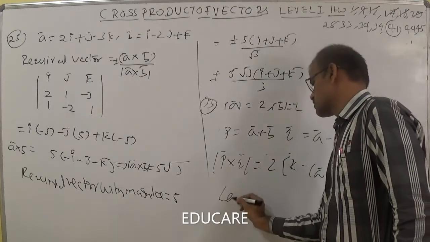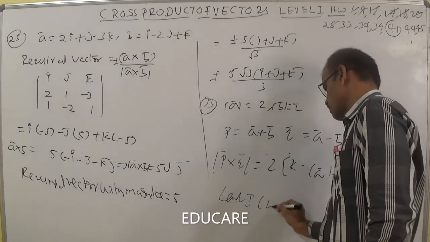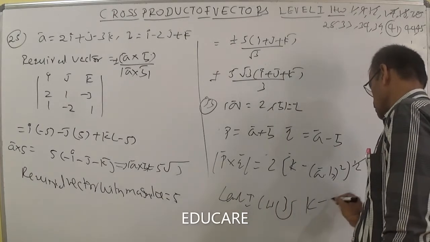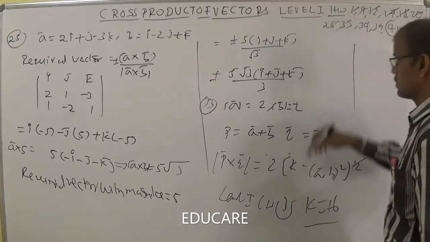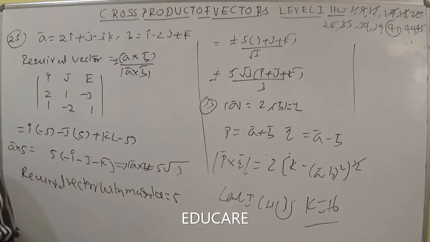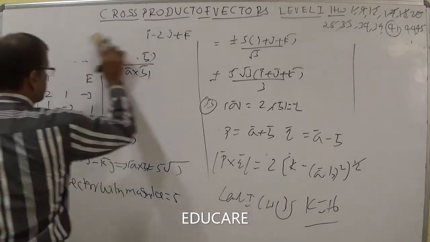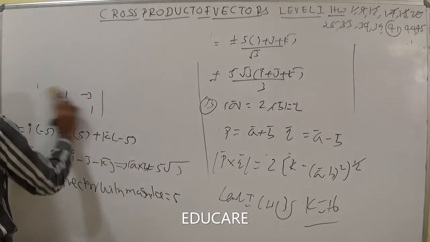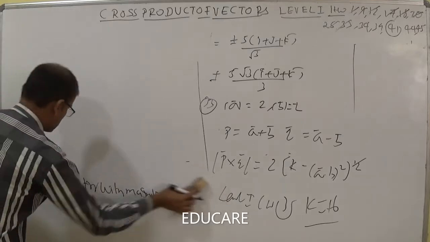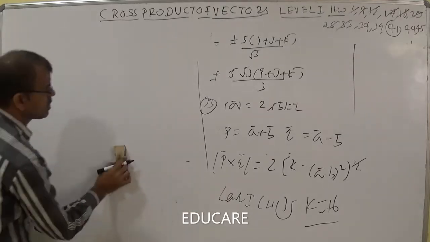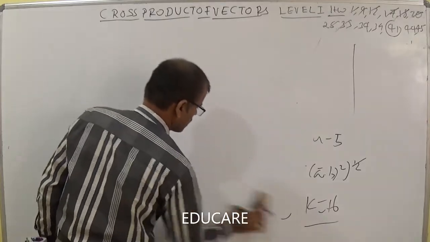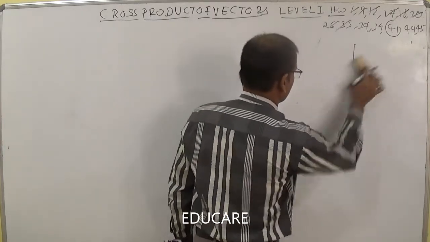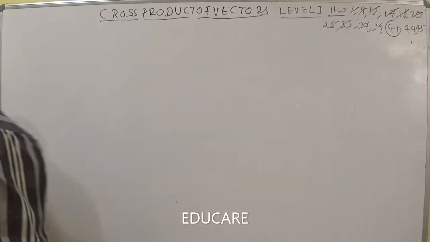I think we discussed this one in level 1 class 2, third question. K is equal to 16, so 33 is completed. This 33 question is an important MSET question, repeated 3 times: theory bits second question, level 1 class 1 third question, and level 1 homework 33rd question.